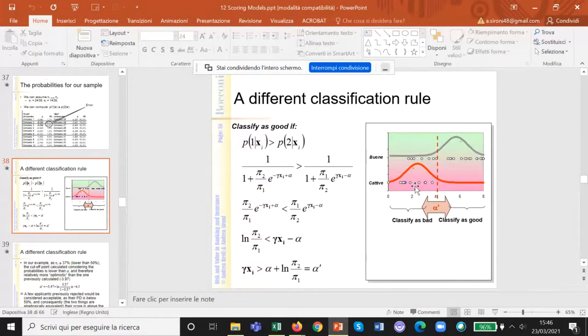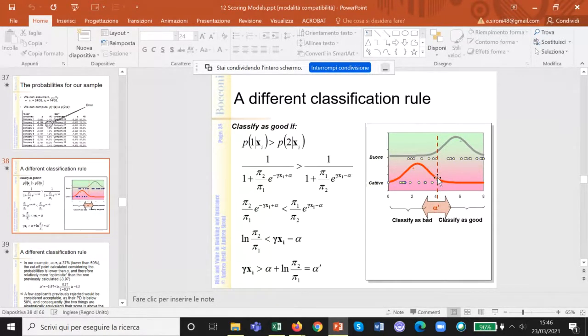So if we are able to estimate this probability of default, then we could construct an alternative criterion for classifying companies between good and bad. Remember we put this threshold, cutoff point, here in the middle, okay?